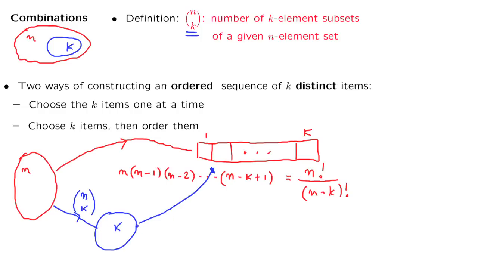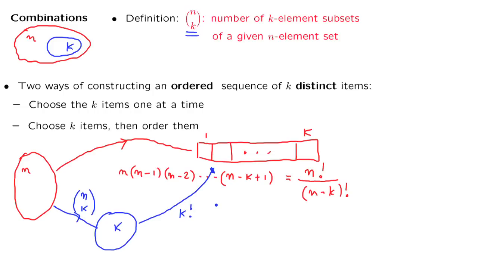How about the second stage? We have k elements and we want to arrange them in a sequence. That is, we want to form a permutation of those k elements. This is a problem that we have already studied, and we know that the answer is k factorial.